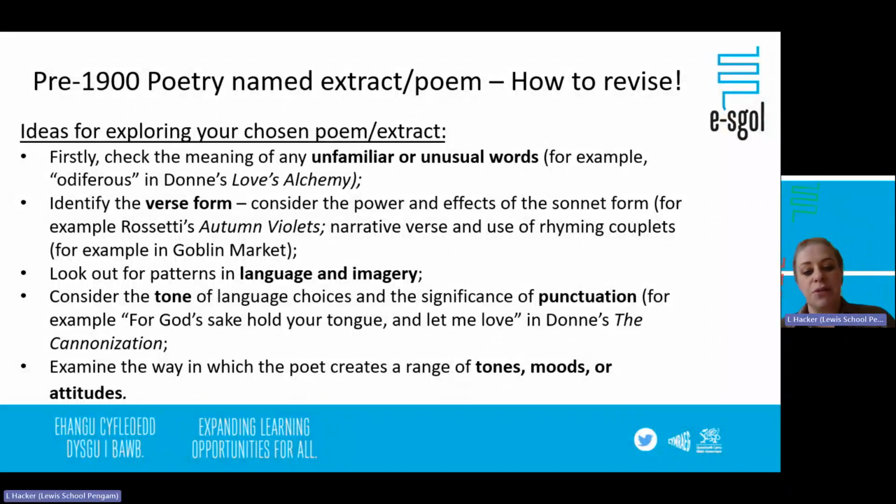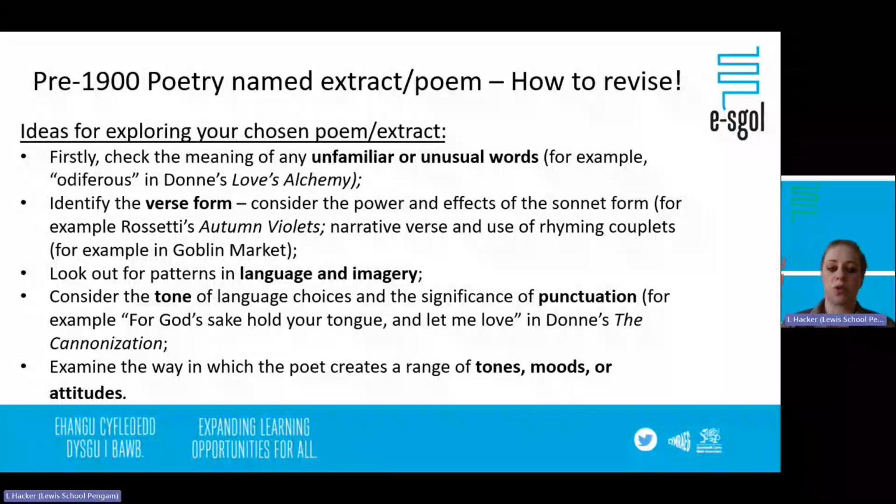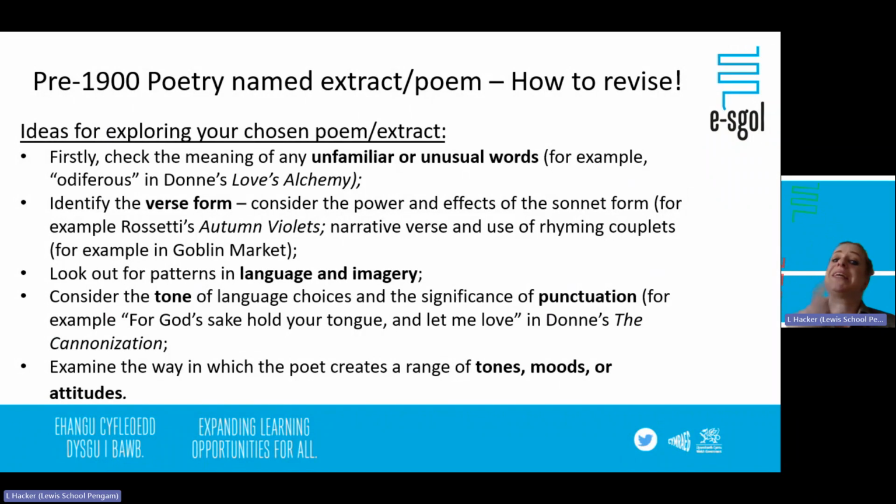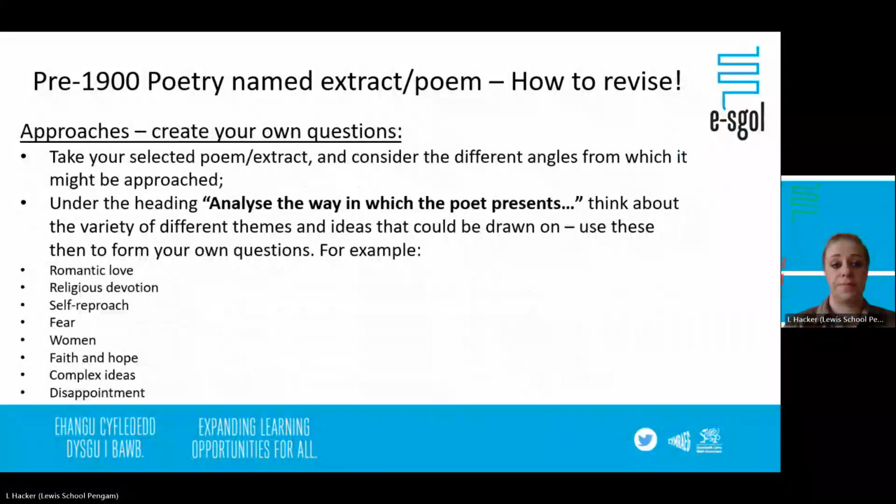Then examine the ways in which the poet creates a range of tones, moods, ideas, and attitudes. How have they used language, form, and structure to create these ideas? This is all a rich way of beginning to revise your specific poems. And you can keep these key questions in your mind at all times.